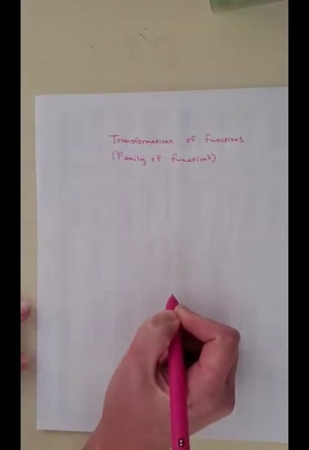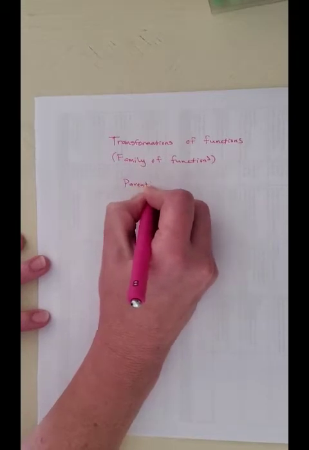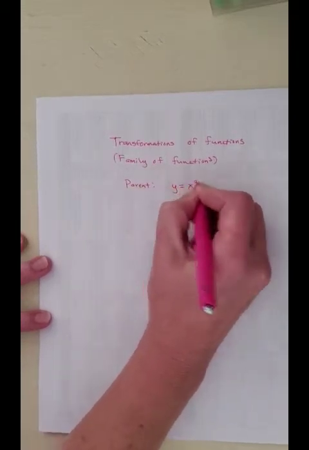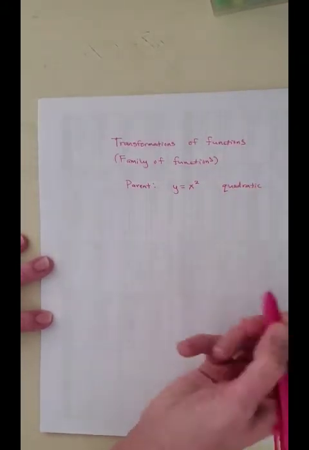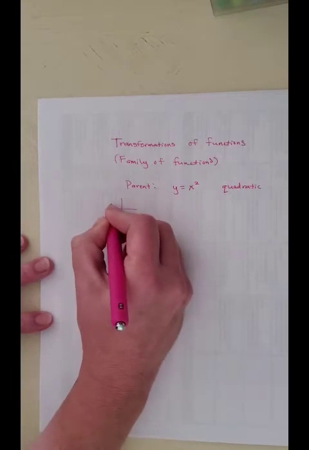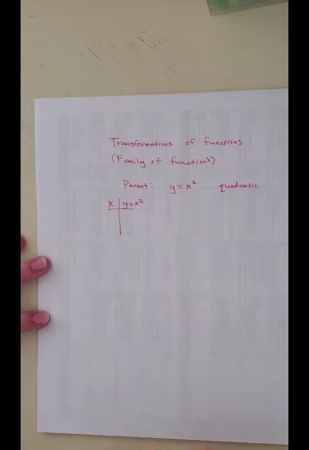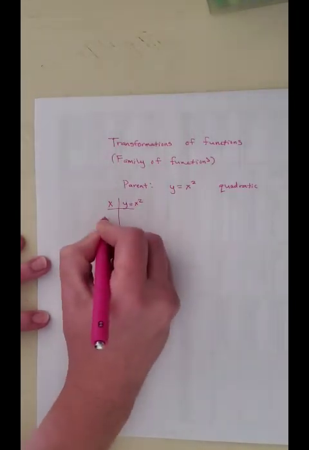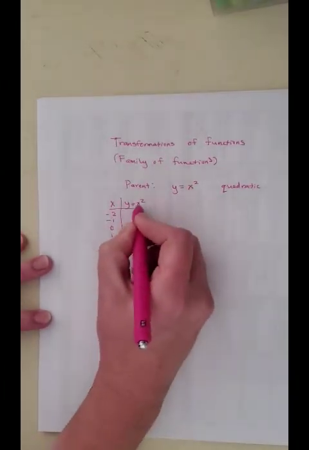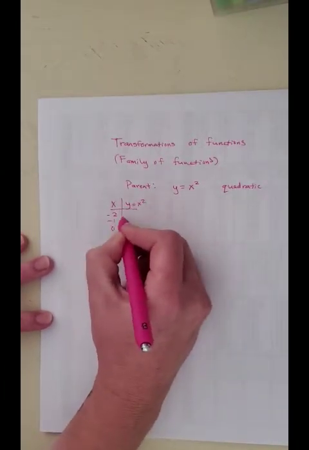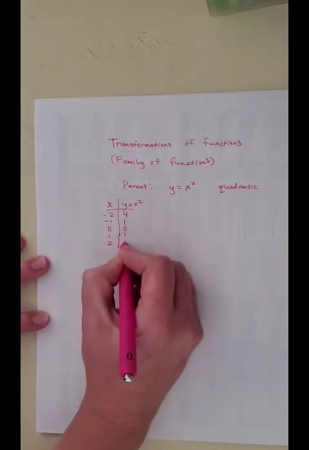Back in Math 2, we had a parent function for a quadratic, y equals x squared. We would graph the parent by making a t-chart. We would pick values for x, like -2, -1, 0, 1, and 2, and see what our output values were for y. When I input those into my x squared function, I square -2 and it becomes 4, -1 becomes 1, 0 squared is 0, then 1, and then 4.